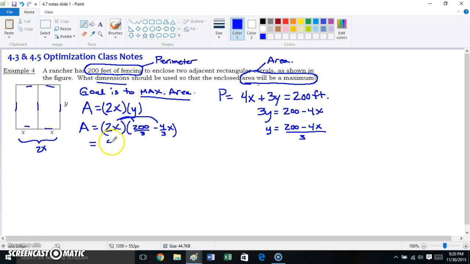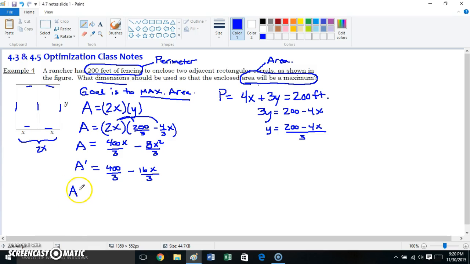So I'm going to call it 400x over 3 minus 8x squared over 3. We'll take the derivative from here. So the derivative of area is 400 over 3 minus 16x over 3.